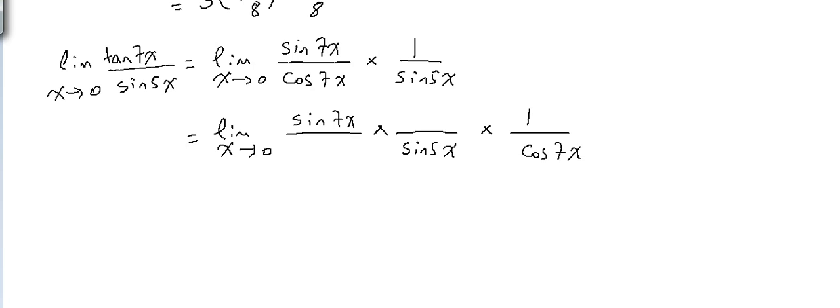Okay, let us multiply x over x. We are not changing anything yet. And let us multiply the first fraction by 7 over 7, the second by 5 over 5. We leave the third and we'll see why.